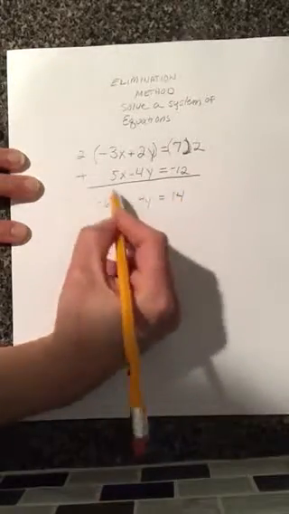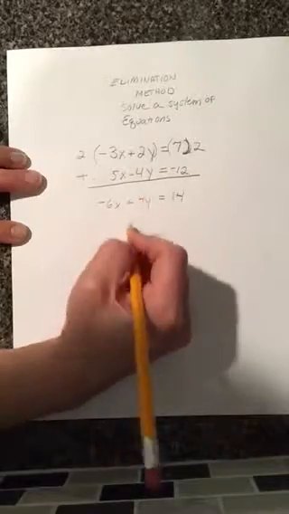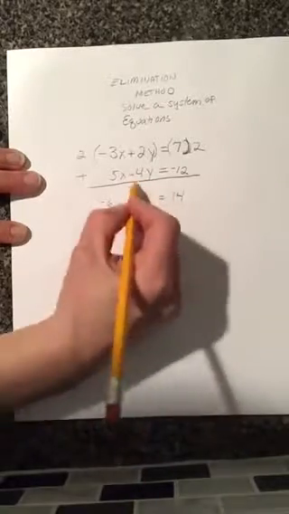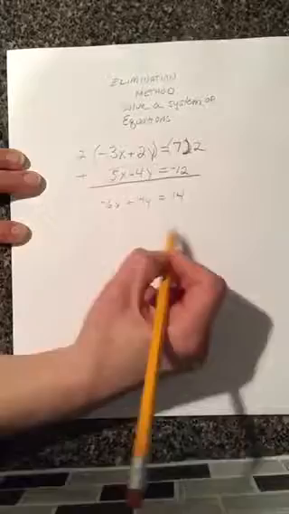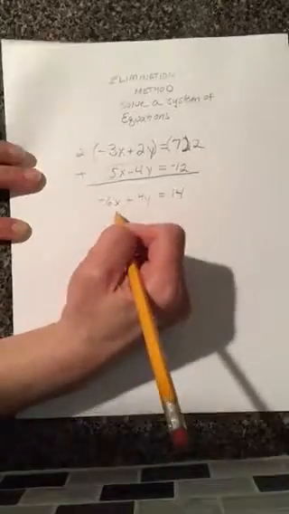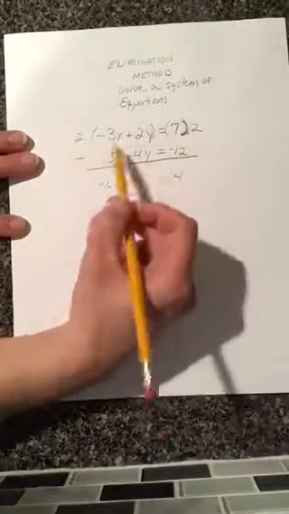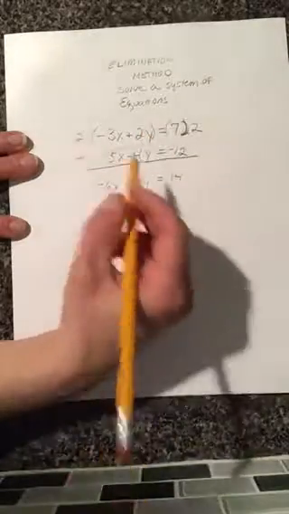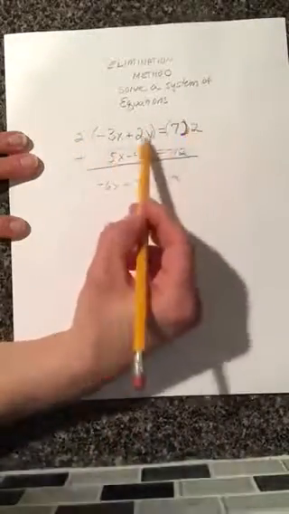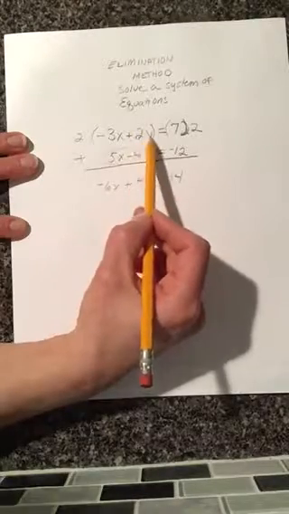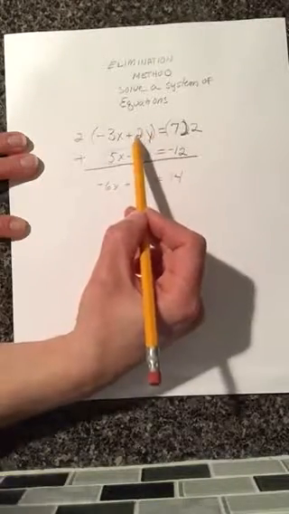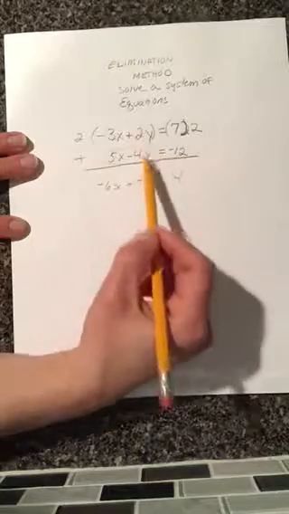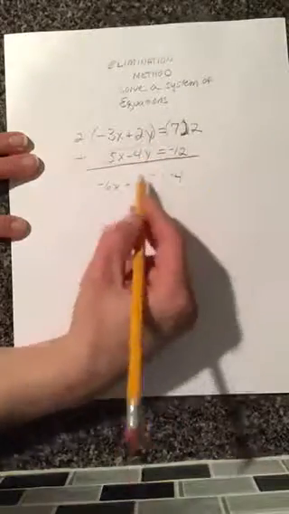Now if you notice, we have a positive 4y, and the other equation has a negative 4y, so the y's will cancel out. And that's my objective. I need to either get the x's to cancel out or the y's to cancel out. In this case, I multiplied by 2 because I knew it would change the 2y to 4y, and that would allow me to cancel out the y's.